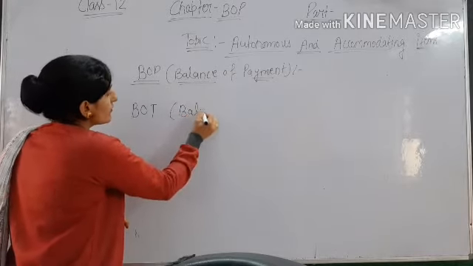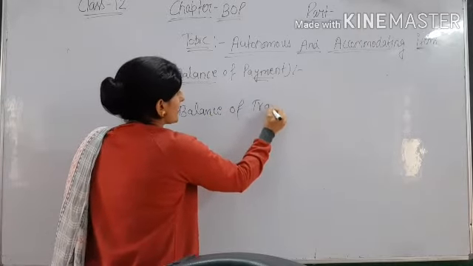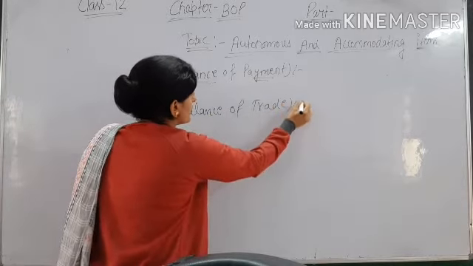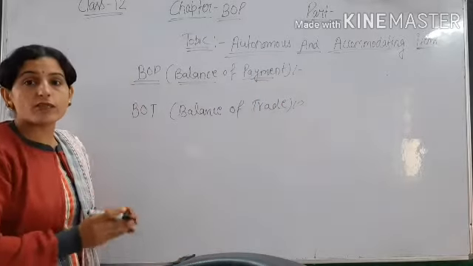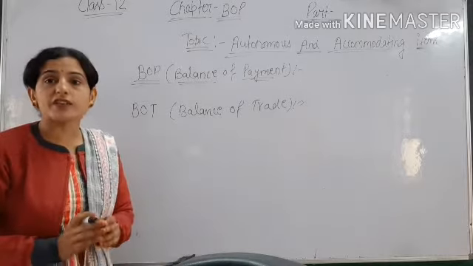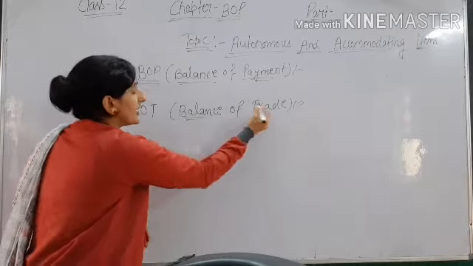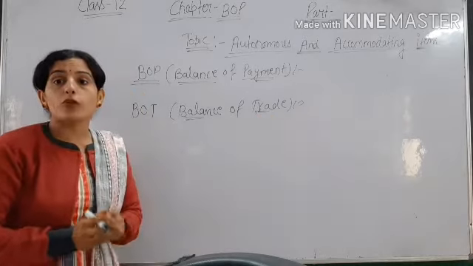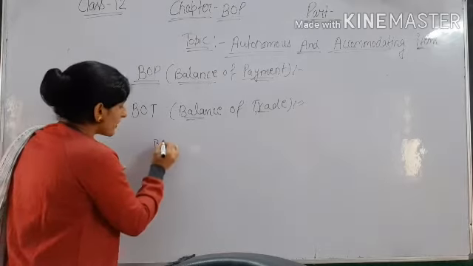Then balance of trade, BOT. So what is the main difference between balance of trade and balance of payment? Balance of payment is a monetary transaction of a country with the rest of the world, and balance of trade is the export and import of goods. So how will we calculate it?